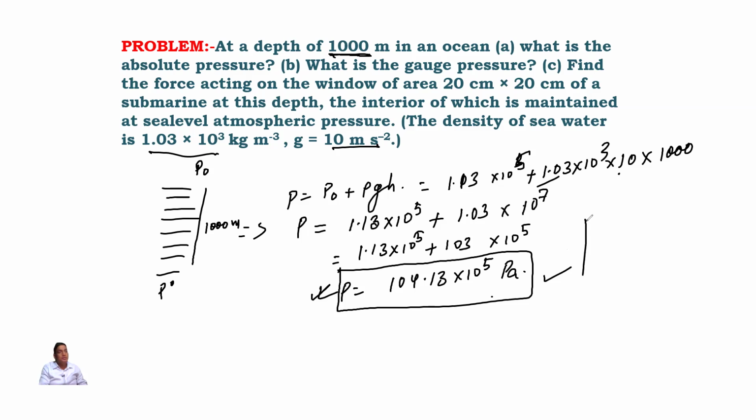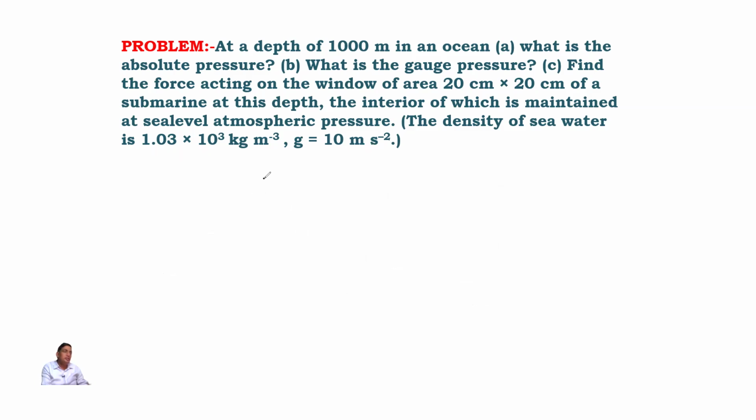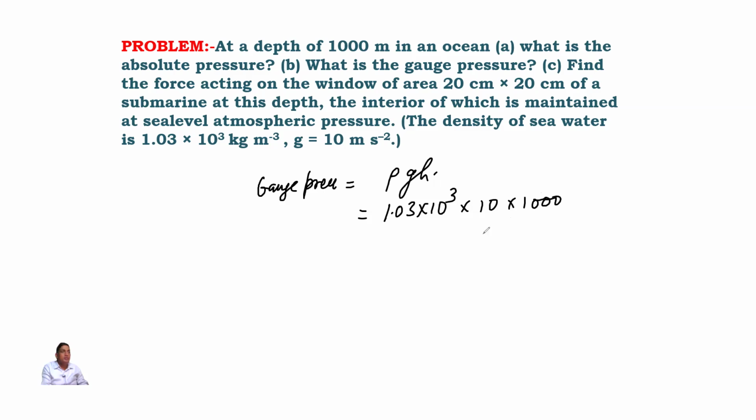So what is the gauge pressure? Gauge pressure means the change in pressure, the extra pressure exerted. So if we are interested in finding the gauge pressure, it will be the extra pressure, that is rho g h, and we just found rho g. I'm writing it again: for g I'm taking 10 and h is 1000.